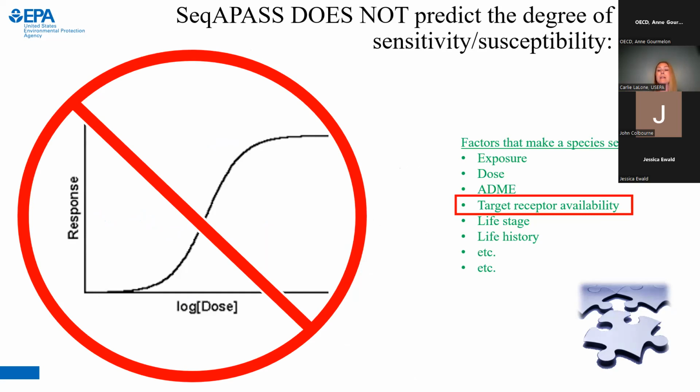And so we have to be clear that there's many factors that make up how a species is sensitive, including the exposure, dose, ADME, life stage, life history, et cetera. So this is a very important piece of the puzzle, but it's a line of evidence towards understanding whether or not a particular species or group of species is likely to be susceptible to a particular chemical, or in the context of the adverse outcome pathway framework, conserved across species.